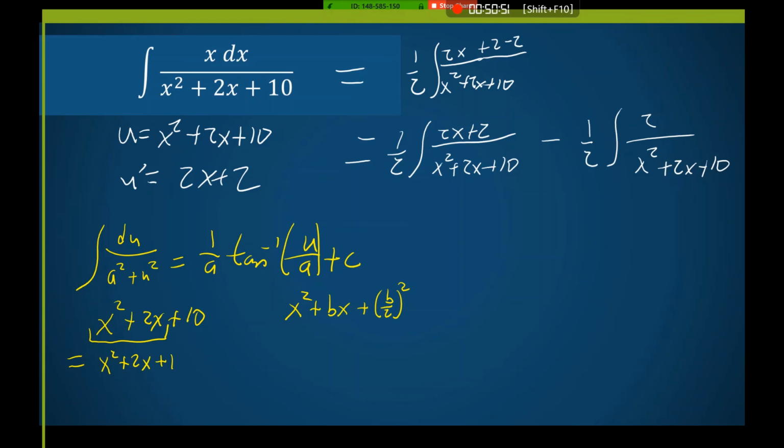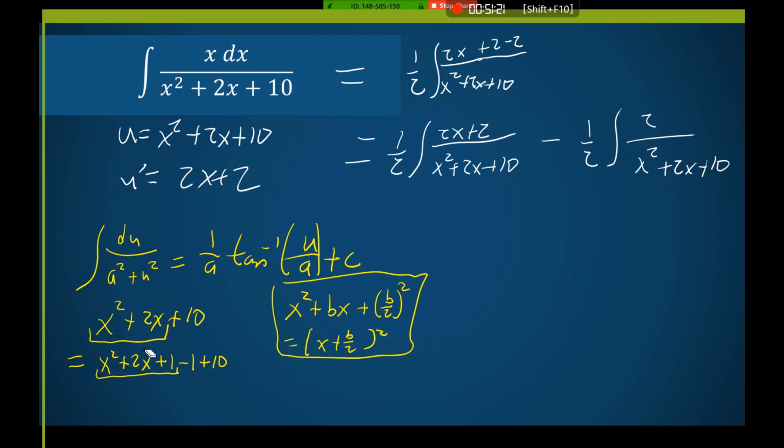That will give me x plus b over 2 squared for my factors. So I divide 2 by 2 to get 1, and then square it to get 1. Okay, but I don't want to change the original problem. If I'm adding 1, I also have to subtract 1. And then I've got the 10 I was adding earlier. This part, x squared plus 2x plus 1, will give me a perfect square.